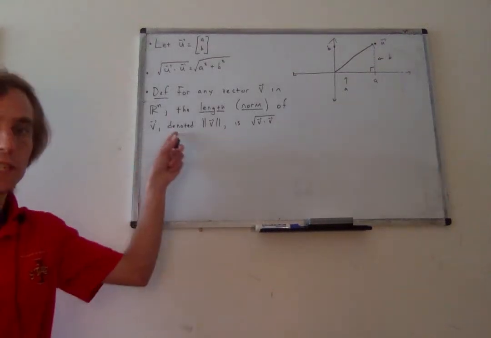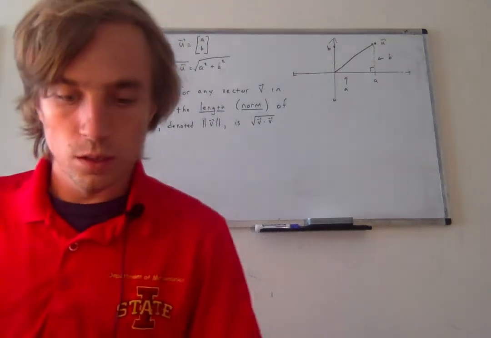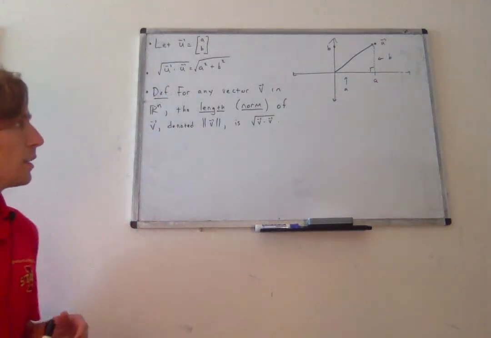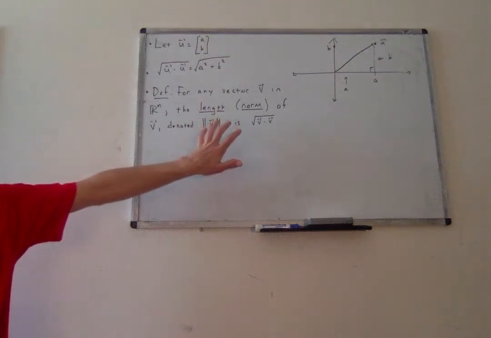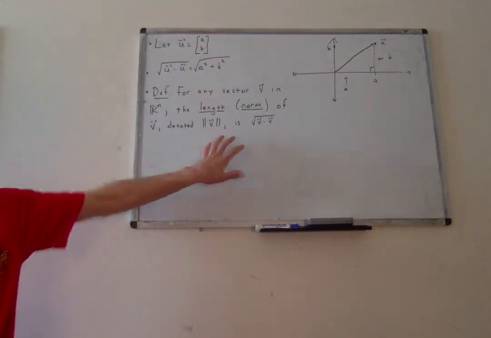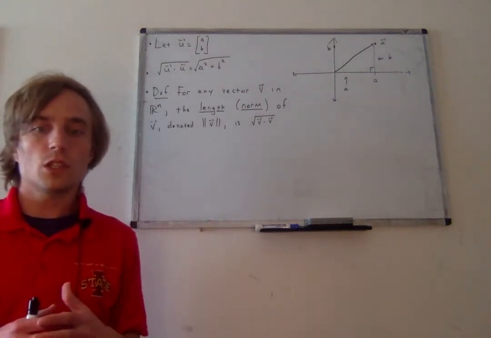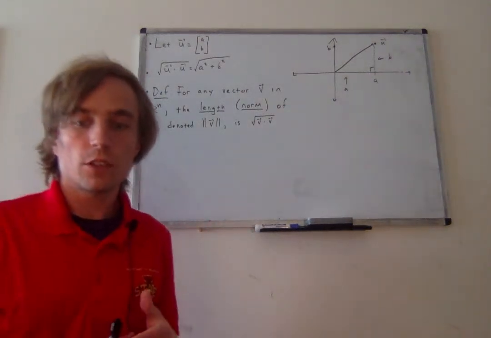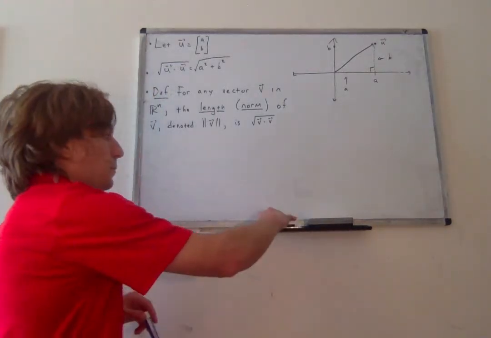And so notice in particular, while again I used an example in R2 here, you can actually do this with any vector in any dimension, right? It's just the square root of the sum of the entries squared that gives the length of that vector, or the norm of that vector, I should say.